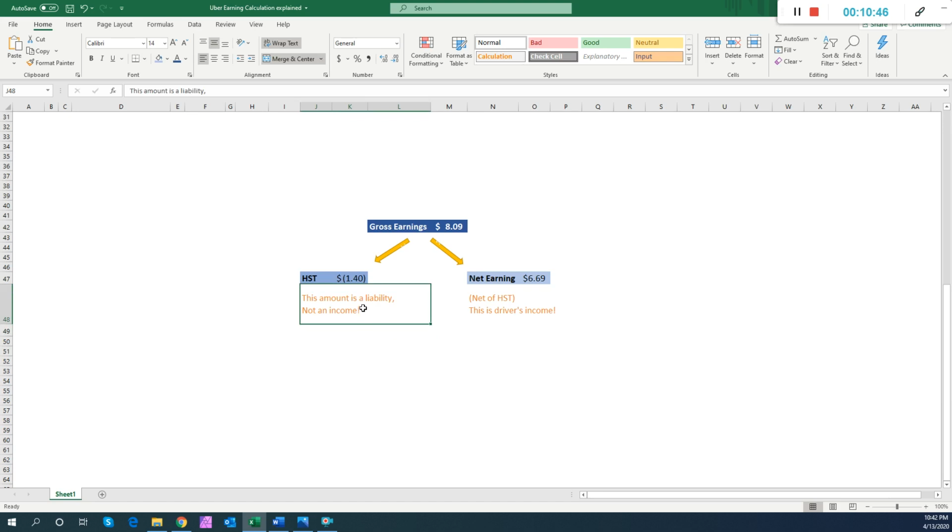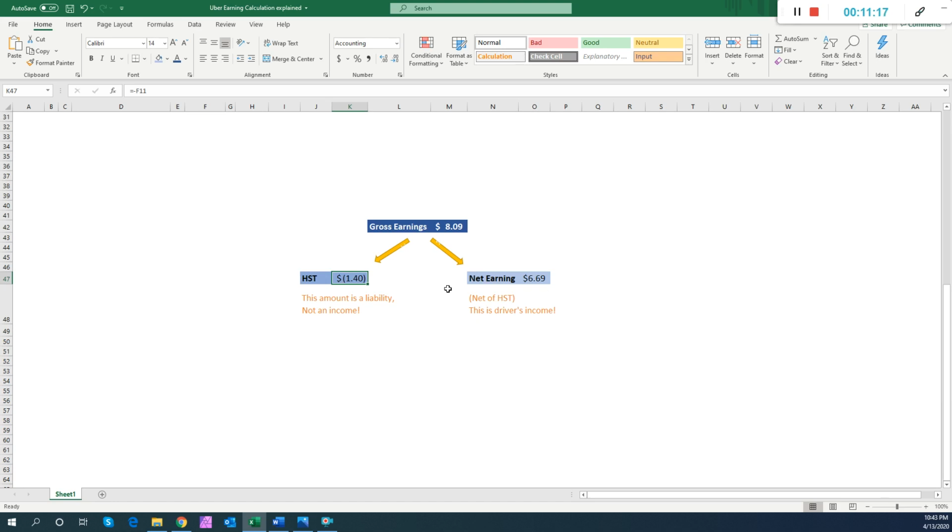So when you made this much earnings, you have to keep in mind that this $1.40 is not your earnings. It's always advised to take this amount and put it somewhere safe, in a savings account or somewhere, so that at the end of the year, when you come up with your HST liability, the amount that you owe to CRA, you don't have any surprises.